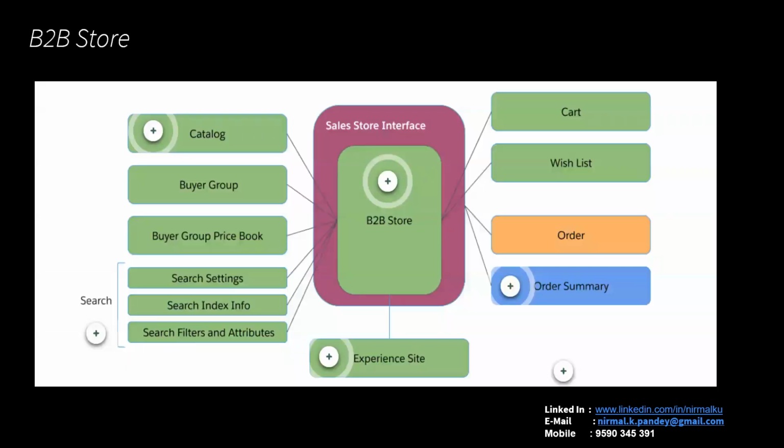Let's go a little deeper into that, right? So we talked about B2B store, right? So sales store interface. So that's where the store will have all the store interface. For example, the catalog, like we talked about. What all menu items are there? What all things you want to show? For example, a coffee-based catalog may have a machine as a catalog.